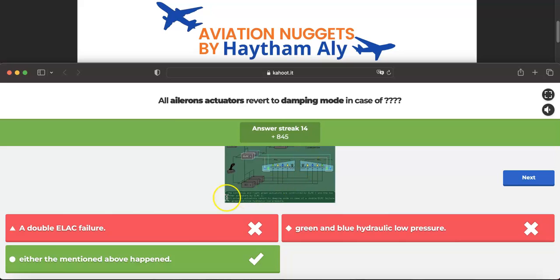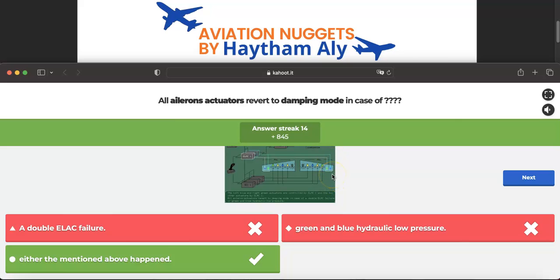So again, a double ELAC failure will take us to roll function by the spoilers. And the green and blue hydraulic low pressure will take us to roll function by the spoilers only. And in that case, the aileron actuator will revert to damping mode.